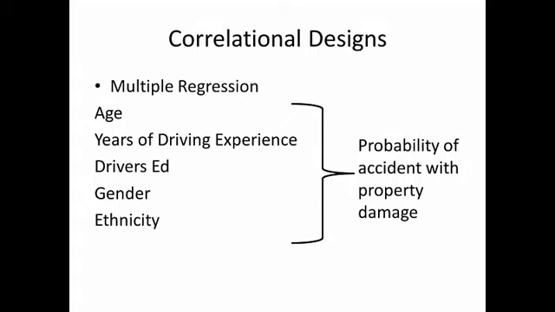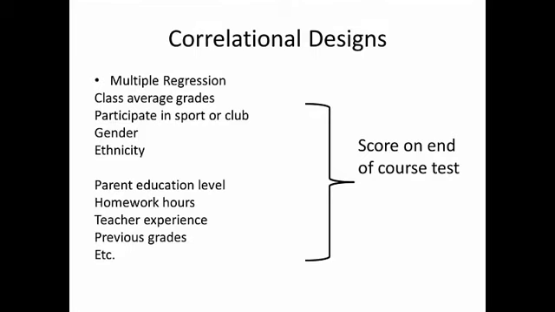Then the insurance company actually can base its rates on how long the person has been driving, their age, whether they've had driver's ed, etc. Now, my example has been incredibly simplified, but we often do this with multiple regression.